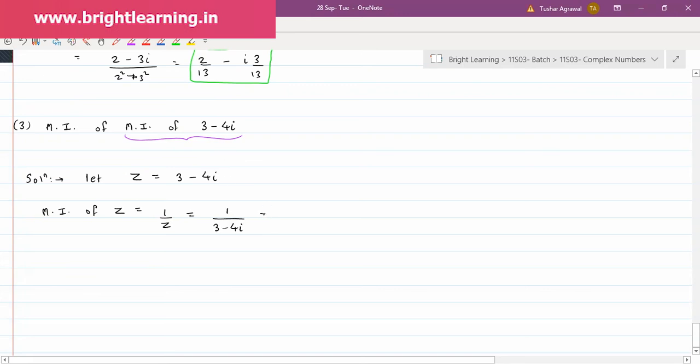And the answer of this will be 3 upon 3 square plus 4 square plus i times 4 upon 3 square plus 4 square. So this 1 by z is actually equal to 3 upon 25 plus i times 4 upon 25. This is the multiplicative inverse of z.